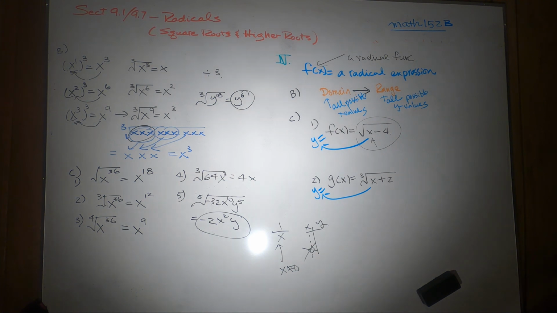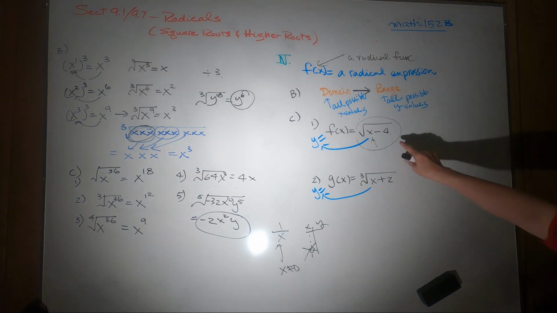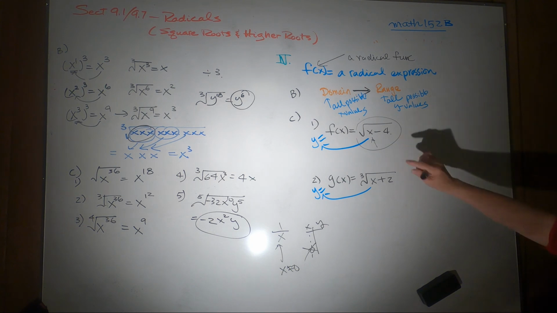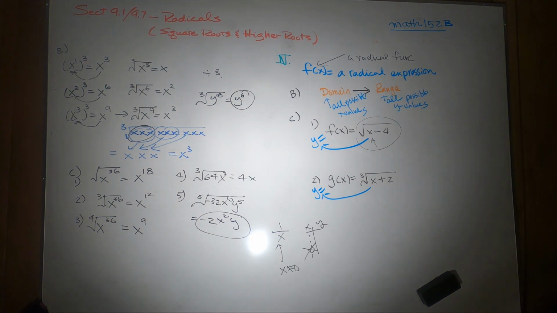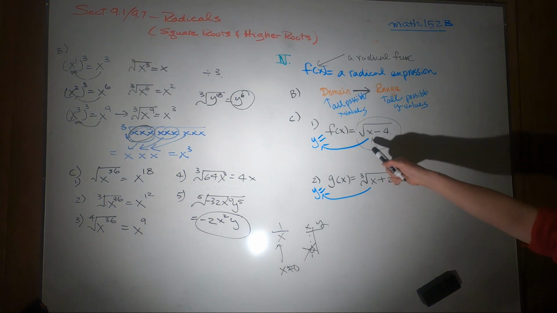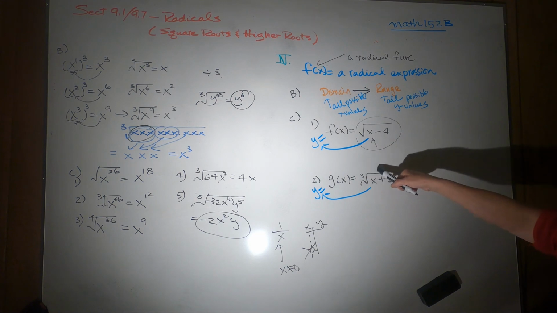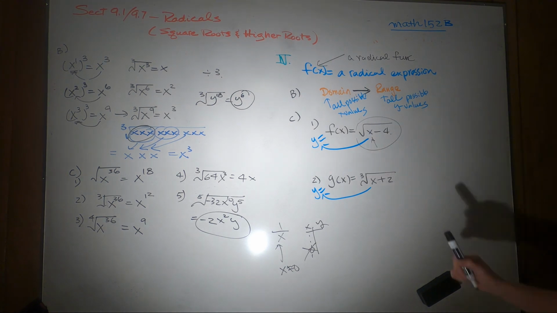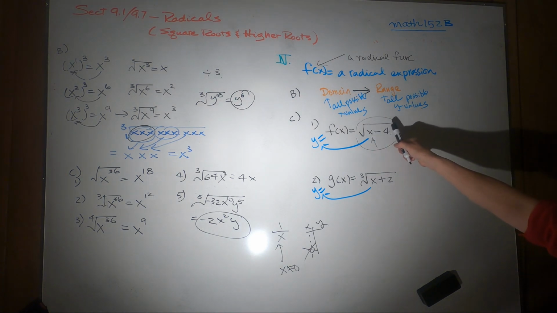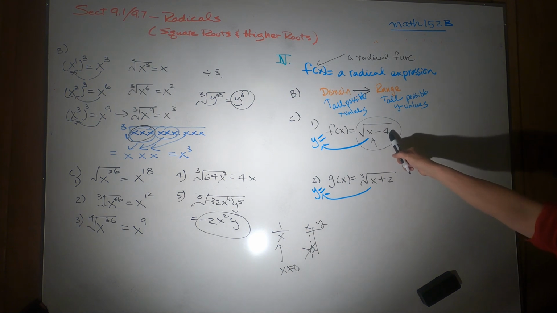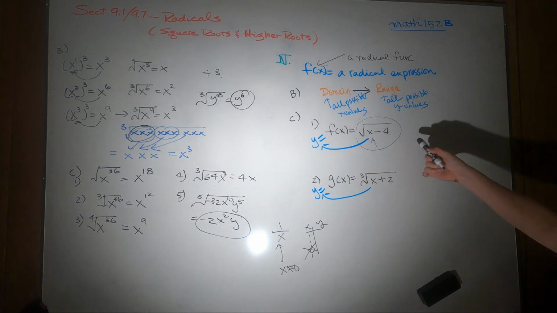Same thing when we use radical functions, it has restrictions sometimes. Why? We just talked about odd roots and even roots. If it's an even root, the inside of the even root cannot be a negative number.